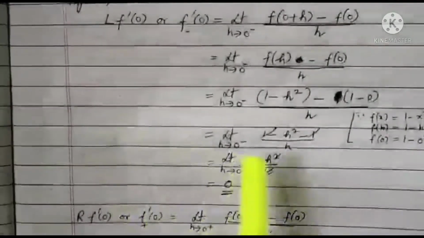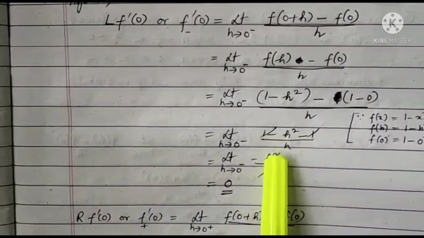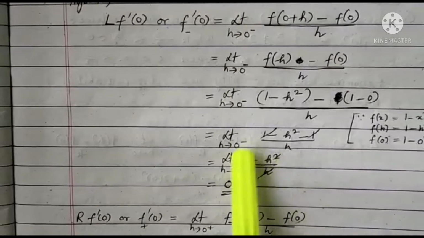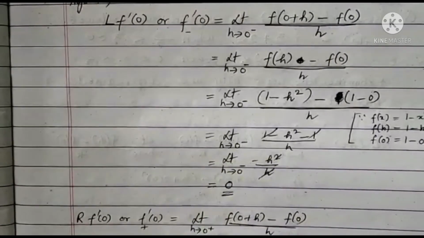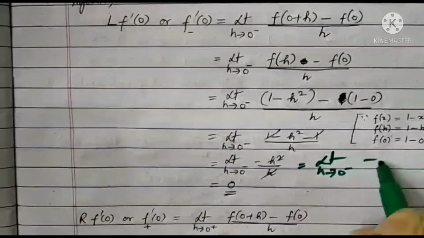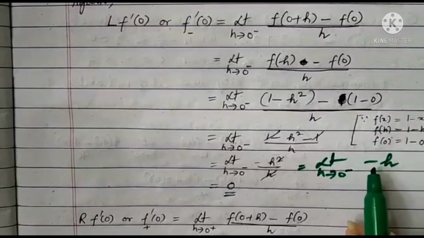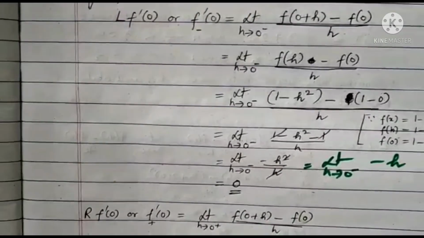Cancelling, simplifying, you got minus h square by h. So h gets cancelled. You are getting limit h tending to 0 minus of minus h. Now putting the value of the limit here, you got minus 0, which is equal to 0. So my left hand derivative is 0.